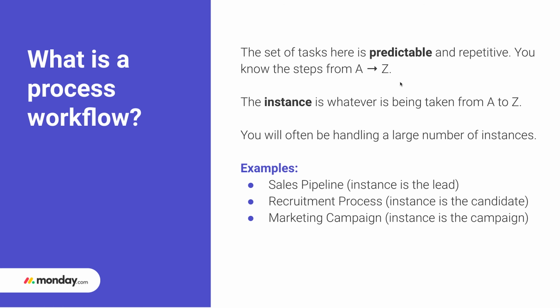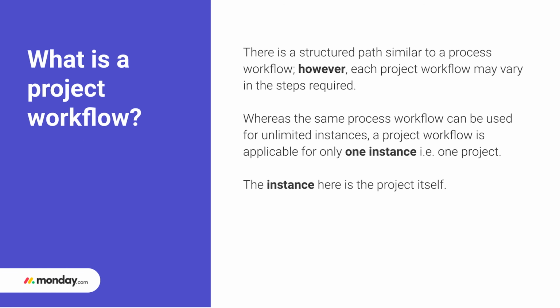So the next thing we're going to talk about is what is a project workflow. We've talked about a process, and now we are on to projects. A project workflow has a structured path similar to a process workflow, but each project may vary in the steps required. Typically, the nature of projects is that you're trying to fulfill a unique goal, right?